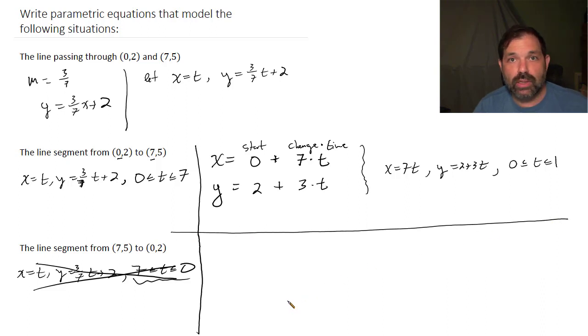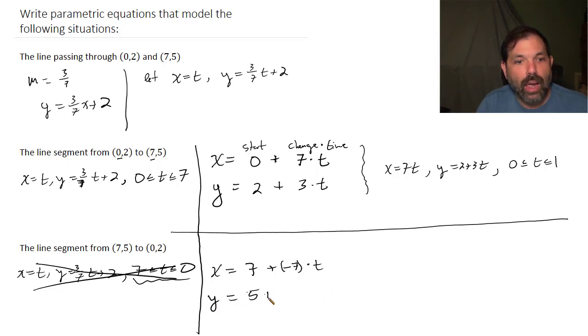And what's nice about this is it's easy to change it to go in the other direction. So if we want to go from (7, 5) to (0, 2), the x starts at 7, and it changes by -7 over time, because going from 7 to 0 is a decrease of 7. The y starts at 5 and decreases by 3 over time.